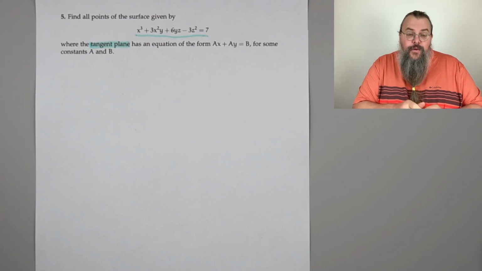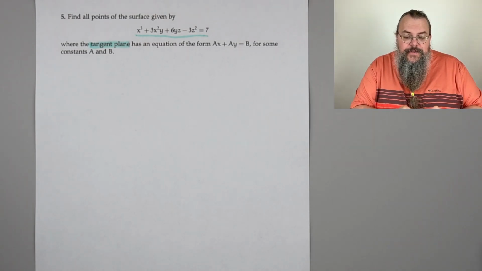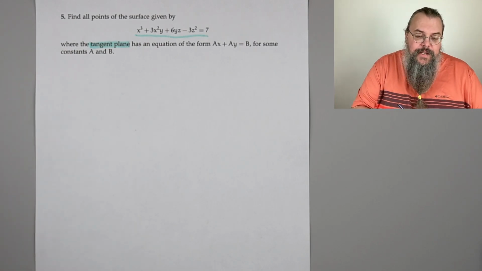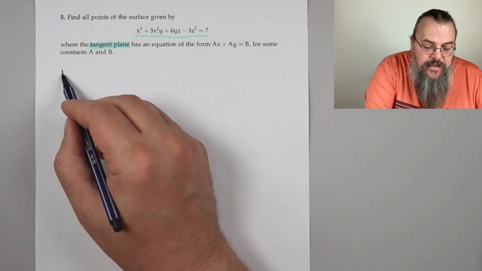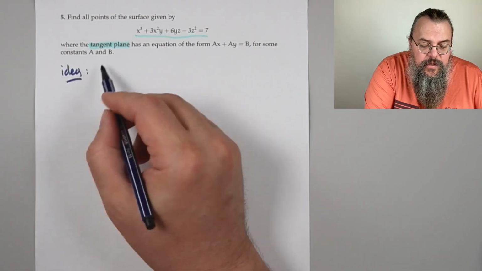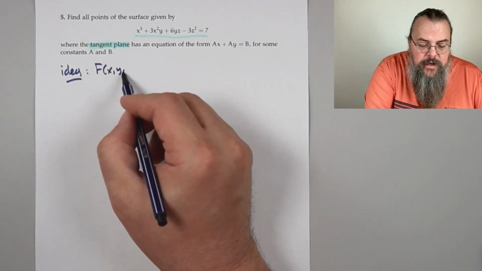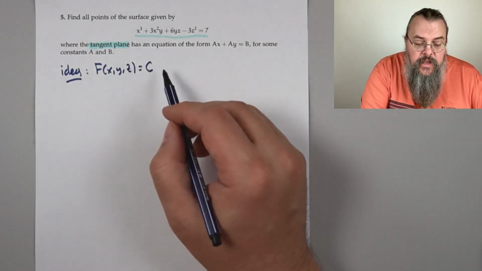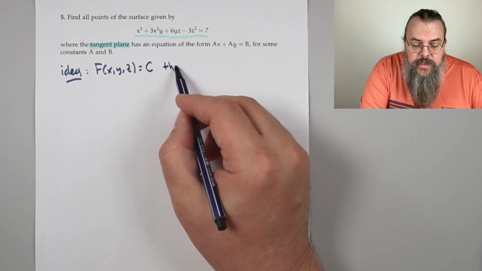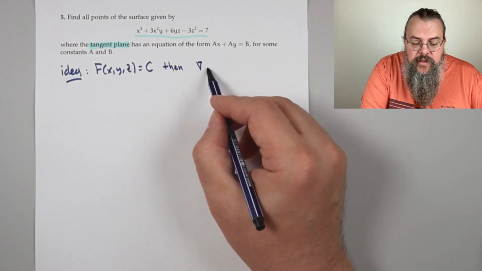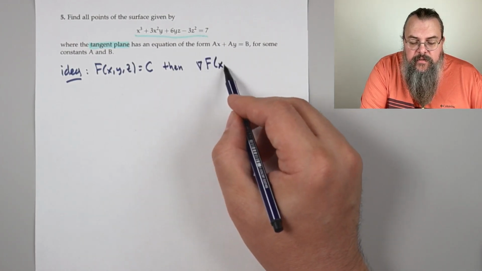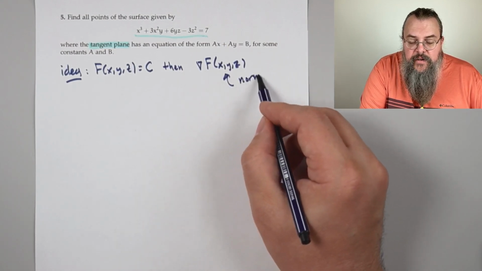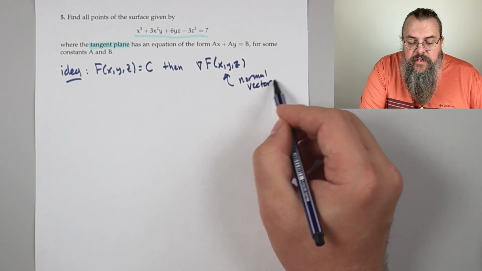We say, oh, cool. So since we're after a tangent plane, that says we're going to be using the gradient to find the tangent plane. So our idea is we say, well, look, if we have f of x, y, z equal to some constant c, then what we know is that the gradient of f at x, y, z, this right here, this is the normal vector of our tangent plane.